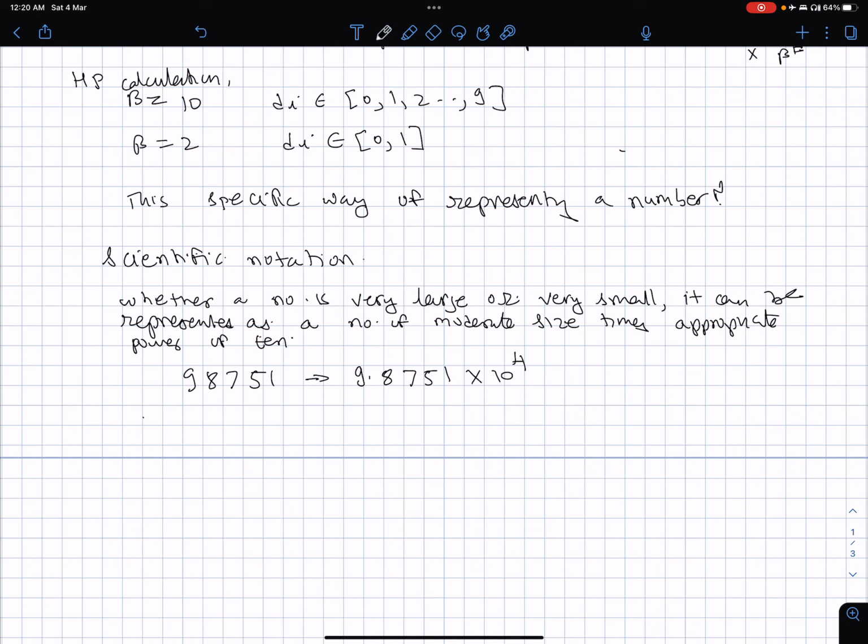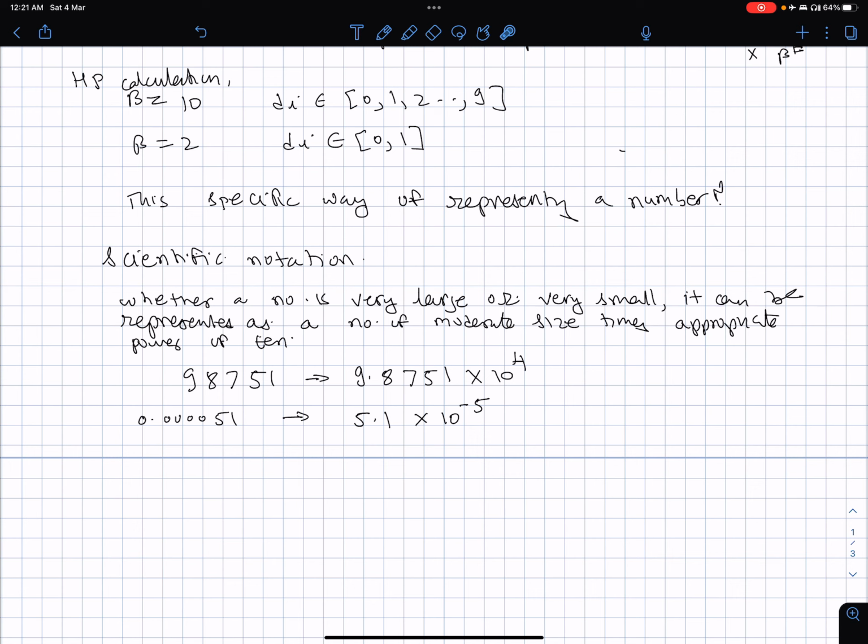Or suppose you have the number 0.000051. You could represent it as 5.1 times 10 to the power minus 5.